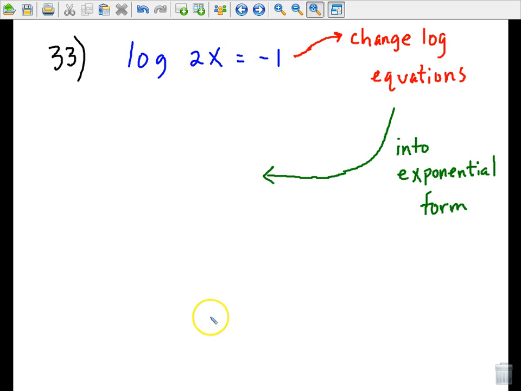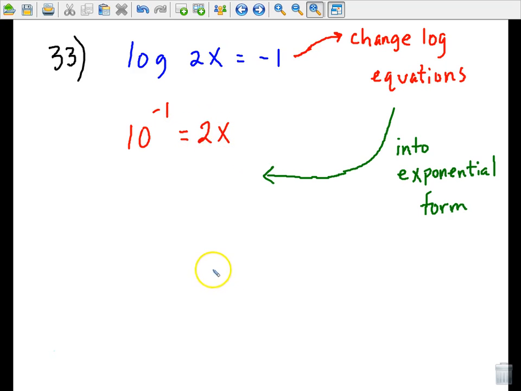Maybe Jessica. Now an exponential equation will not have log. It's just some number raised to a power equals another number. So what's the base? 10, okay, raised to the -1 equals, nice.